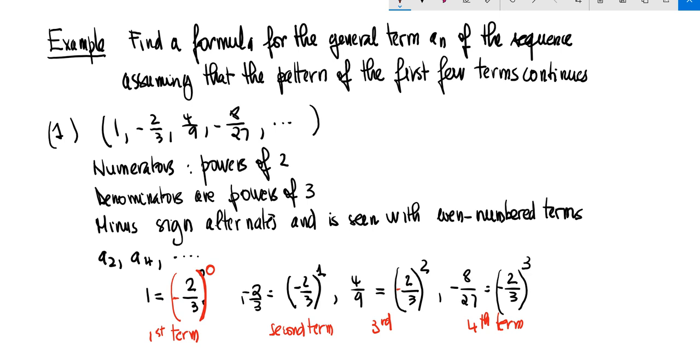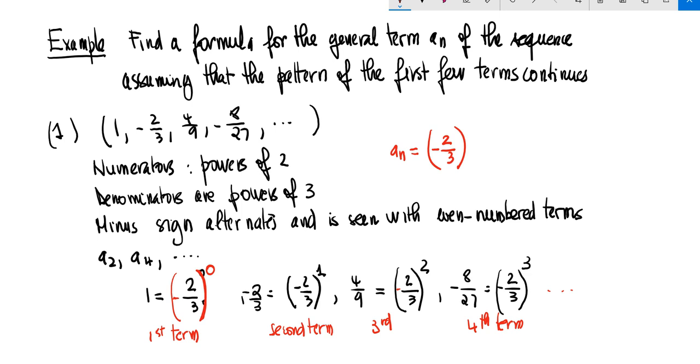So generally, if this pattern keeps going forever, then the nth term of our sequence a sub n will have to be negative 2 over 3 to the power of something. Notice that the first term is power 0, the second term is power 1, the third term is power 2.